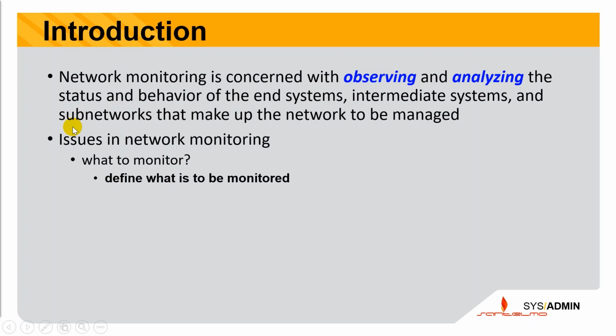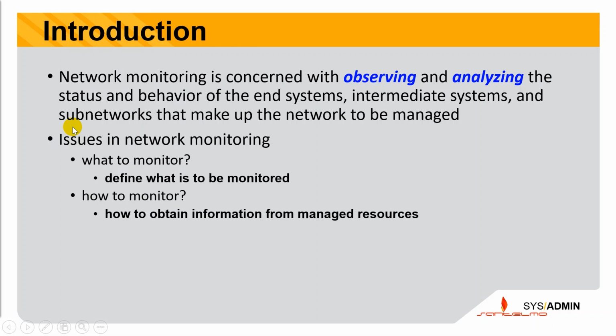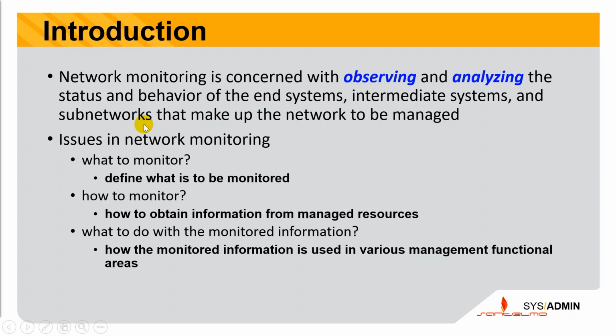Next would be how do we monitor it? How to obtain information from the managed resources. When you say managed resources, this pertains to the managed objects. These managed objects are the end systems, intermediate systems, and the subnets. And what to do with the monitored information? How the monitored information is used in various management functional levels.